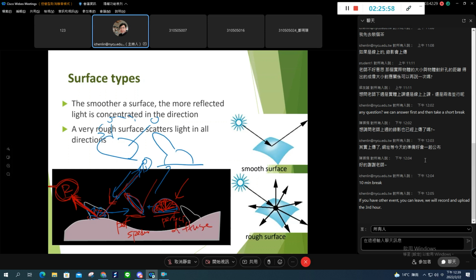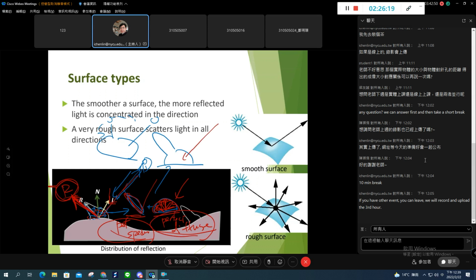So in the model we talk about later, we will use a combination of the perfect specular and the perfect diffuse to form this common reflection for different kinds of materials.